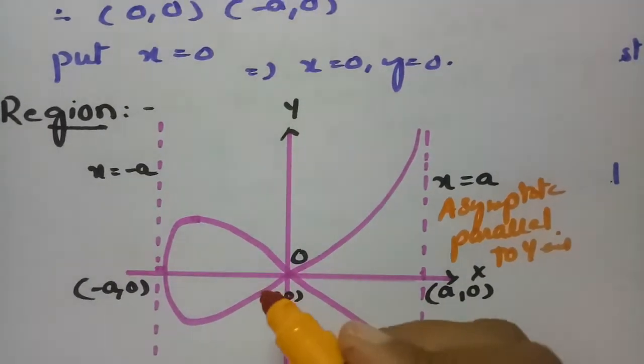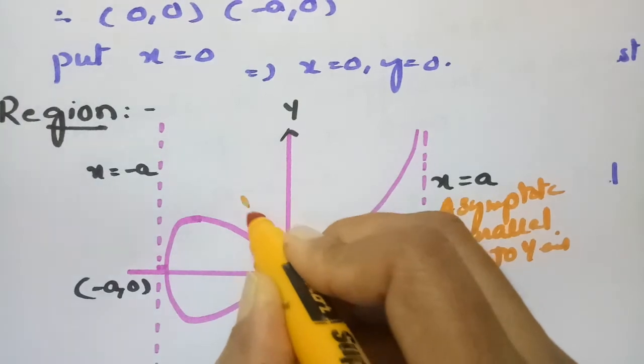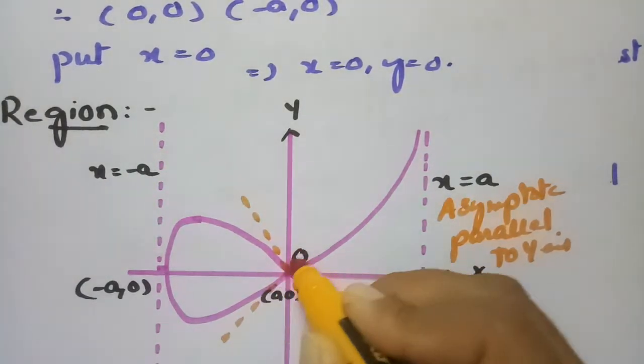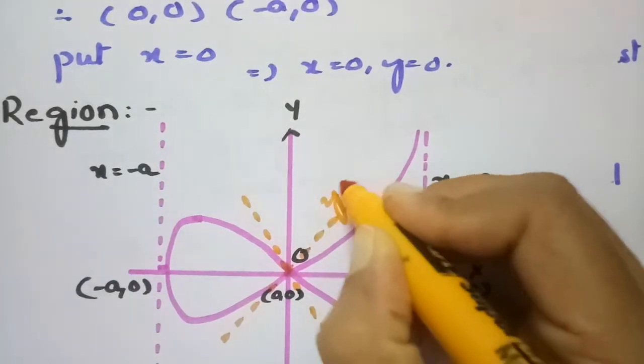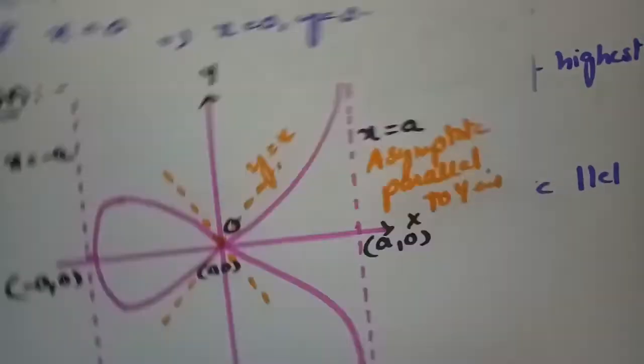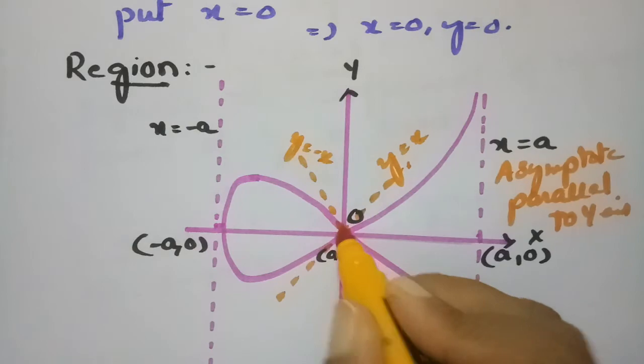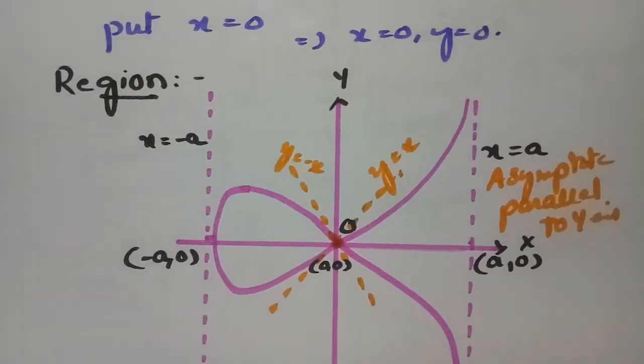And the next one here is there are two tangents here. So this is y is equal to plus x and this is y is equal to minus x. So these are the two straight lines which are passing through origin and making 45 degrees angle.